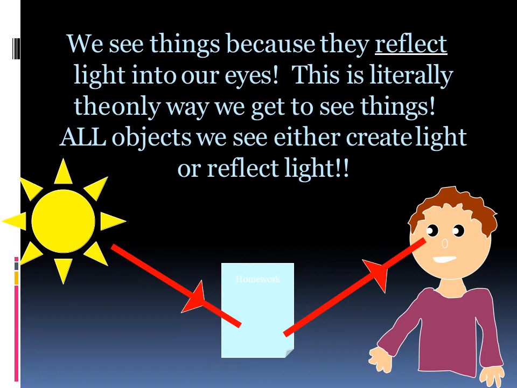If it is completely dark, we can't even see small things. Everything seems dark to us. So all objects we see either create light or reflect light. That means the sun and the stars create light. That's why we can see.